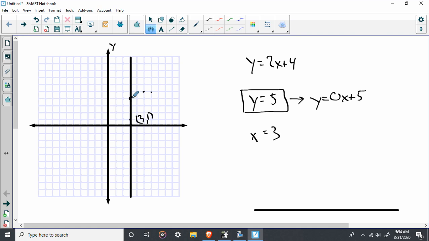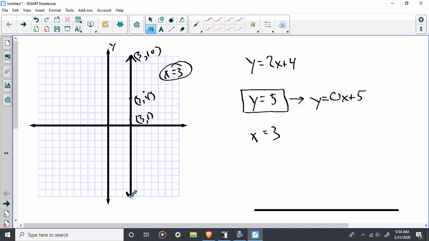This is the point 3, 3, 3, 4. And all these points have something in common, and that's that x equals 3. So again, it's going to be a vertical line that goes up and down.